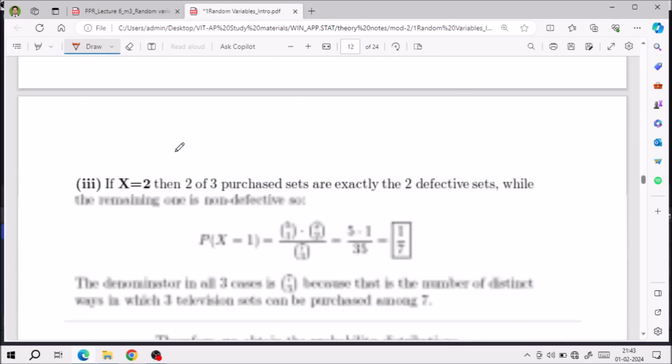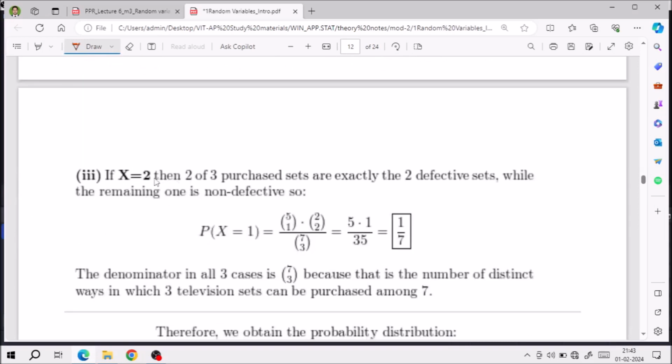Likewise, when we consider X equals 2, that means 2 defective, coming from the 2 defective sets. So 2C2 ways, and 1 non-defective will come from 5 non-defective, so 5C1 ways. Just like our previous treatment, we have the same sample points.